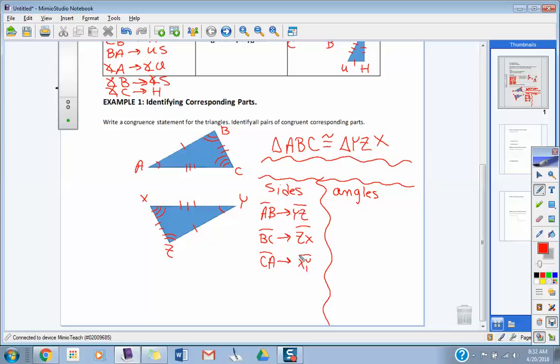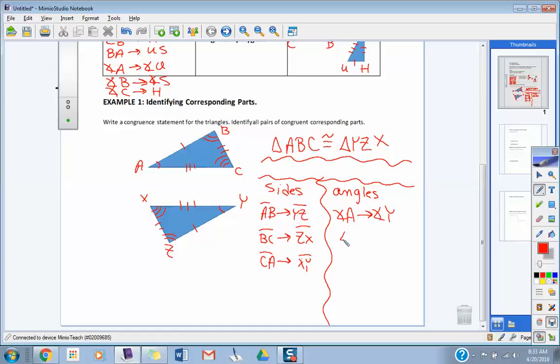Okay. All right, help me with the angles quickly. What's angle A correspond to? Do I need the drawing here at all, or can I look at the orders? A is listed first as Y is listed first. So angle A corresponds to angle Y. Let's just not even look at the triangle.